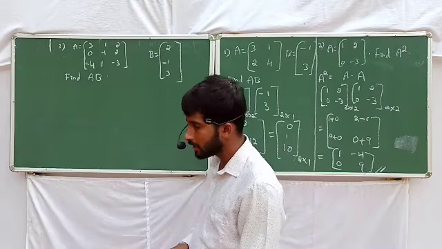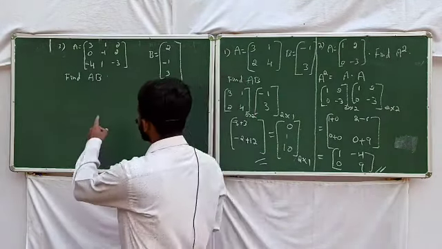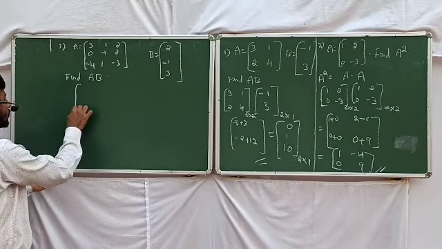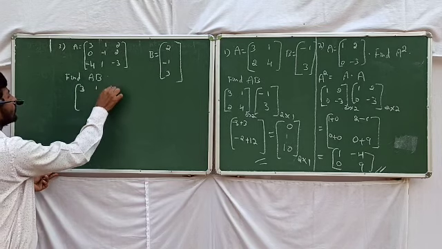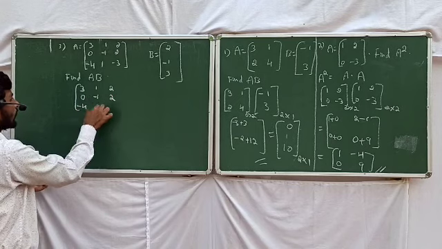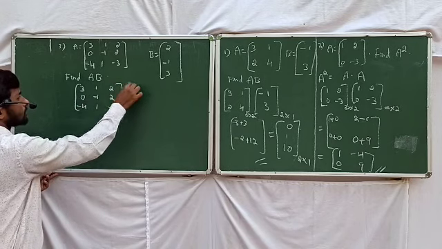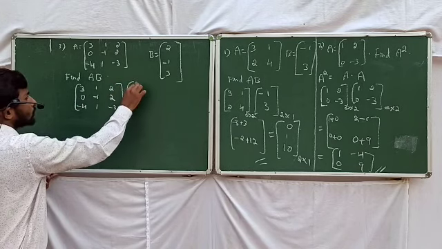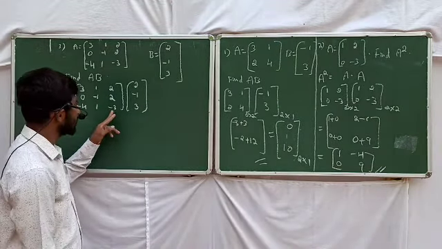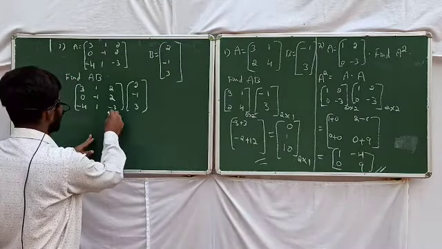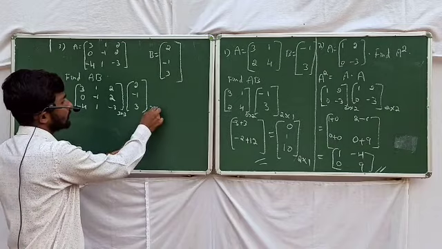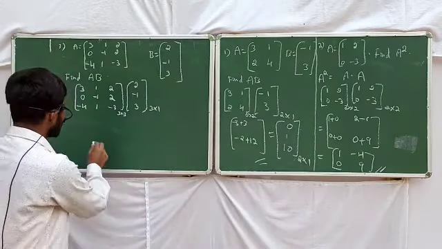First, I will write matrix A into B. Matrix A is 3, 1, 2, 0, -1, 2, -4, 1, -3. This matrix is multiplying to 2, -1, 3. The order of the first matrix is 3 by 3, and the order of the second matrix is 3 by 1.